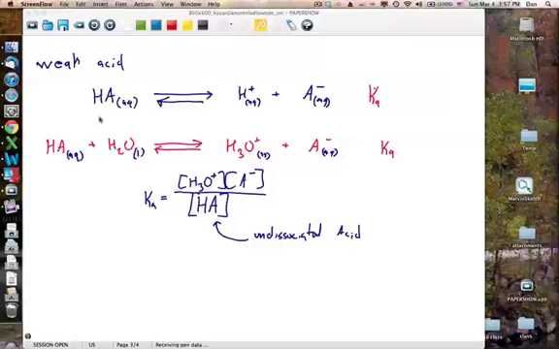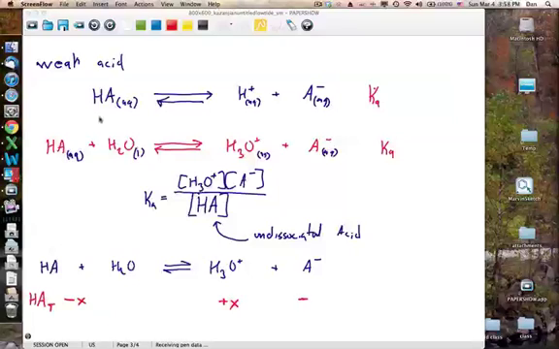If we started with nothing but the acid, if we started with nothing but HA, we could write out the algebra for this. Let's just pretend that the starting concentration, the total weak acid, which we'll just say HAT for total, minus whatever has been consumed, the water we don't care about, will result in a small amount of the material formed.